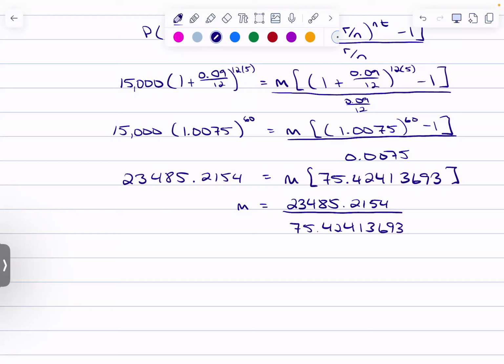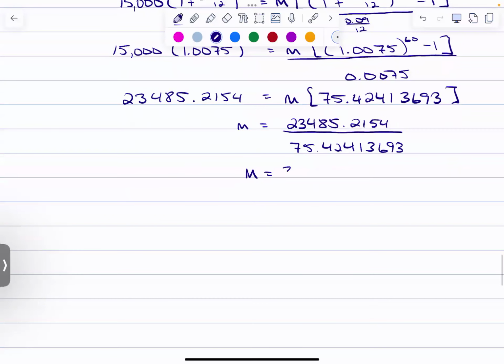I should have written down where I stored that thing in B, I think. How does a monthly payment of $311.38 sound for 5 years? Seems reasonable.